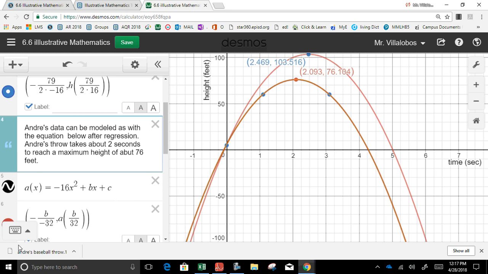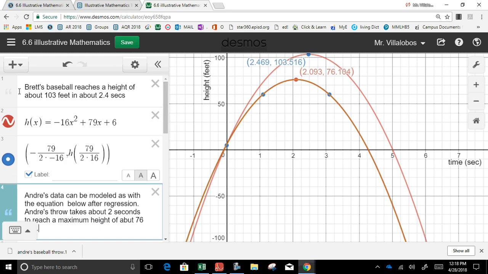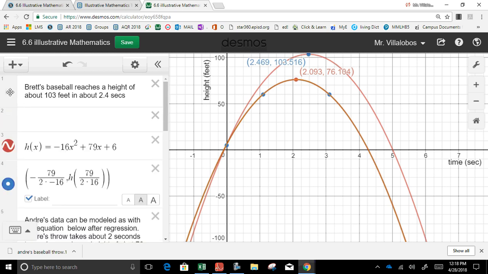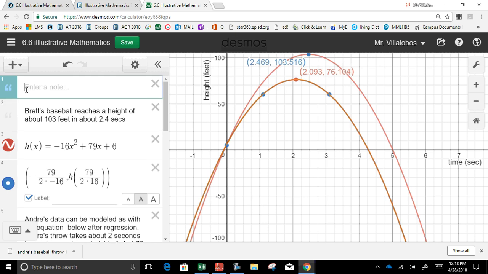To answer the question, who threw it higher? Brett threw it higher. Brett's throw is higher.